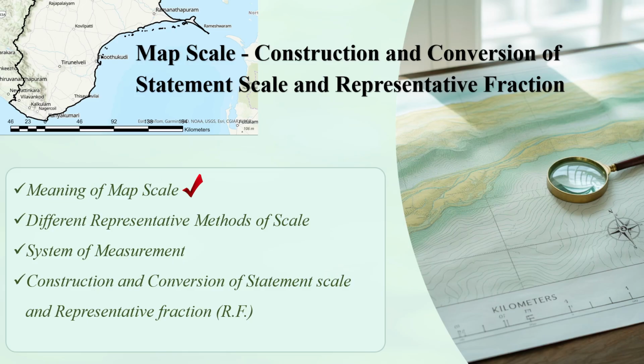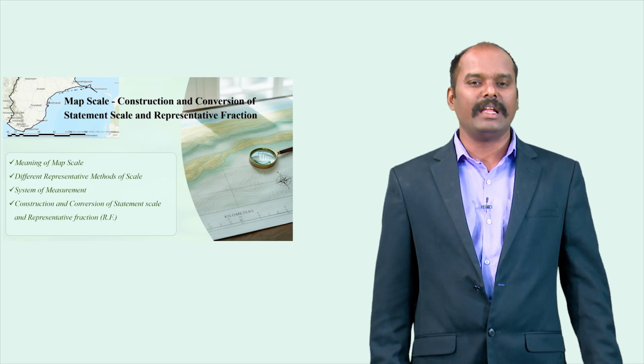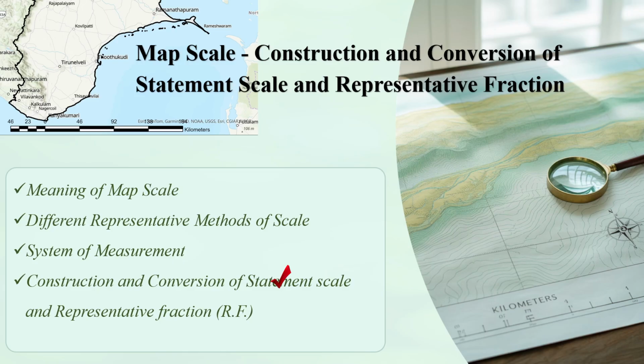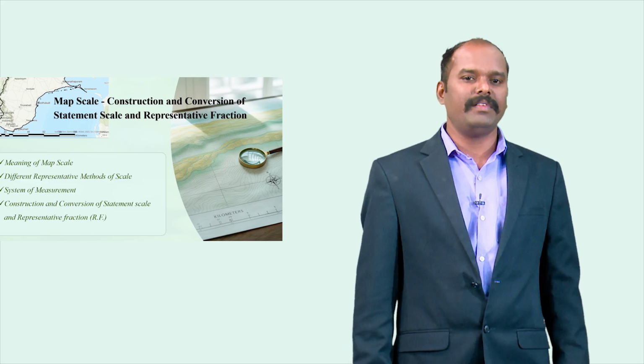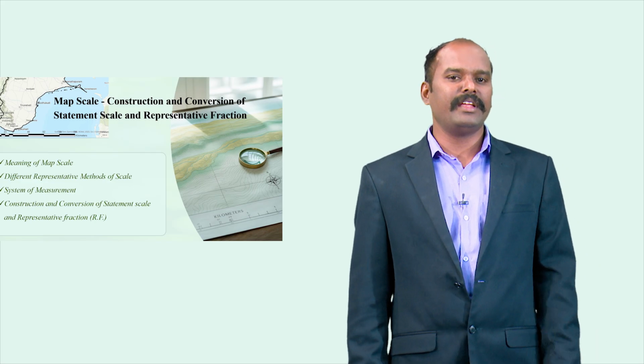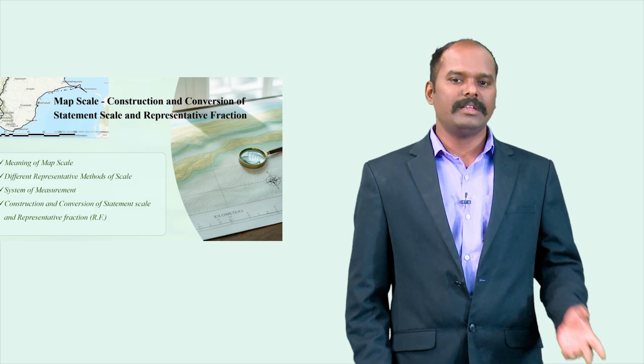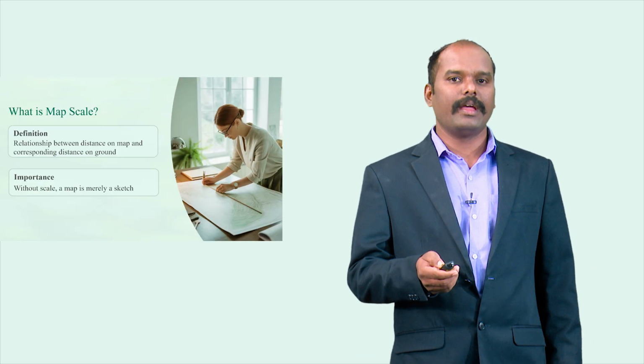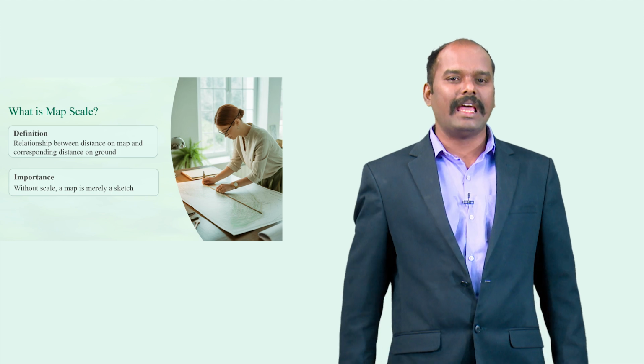They are meaning of scale and different representative methods of scale, system of measurement, whether it is metric system or English system, and finally conversion and construction of statement of scale and representative fraction, and vice versa. We will be converting the measuring units from representative fraction to statement of scale. Now, first about map scale.